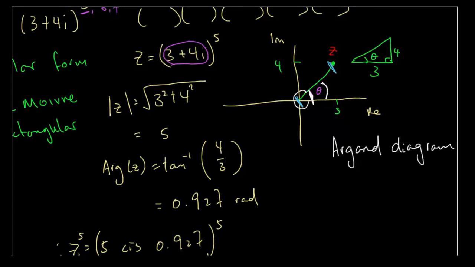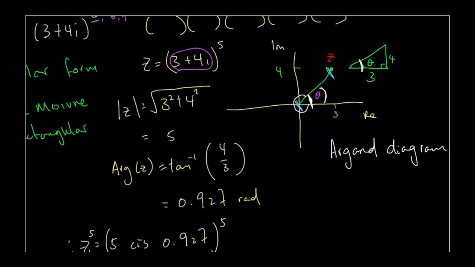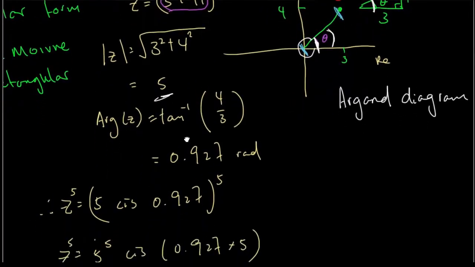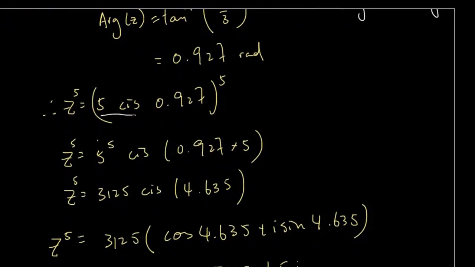Just like any other triangle, if this is my theta, then tan inverse of 4 over 3 will give me my angle. The modulus will come from the Pythagorean theorem: 3 squared plus 4 squared gives me my radius. If we put everything together inside the bracket, this is my polar form, raised to the power of 5.